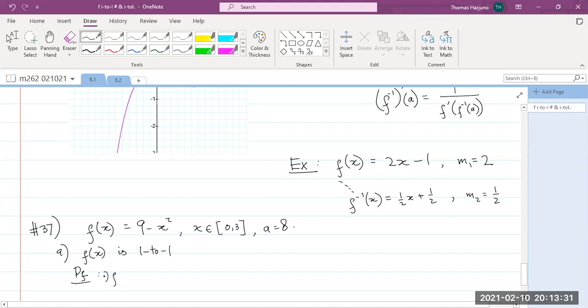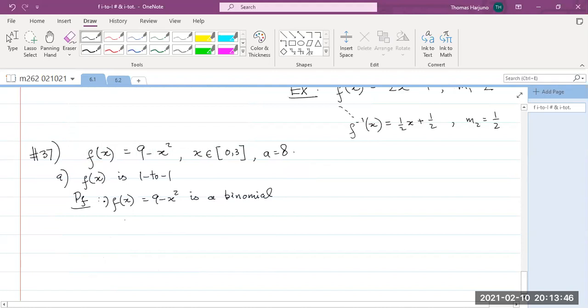First, f(x) is a binomial, and therefore a polynomial, so f(x) is continuous on all real numbers, and consequently it must be continuous on this interval, 0 to 3.